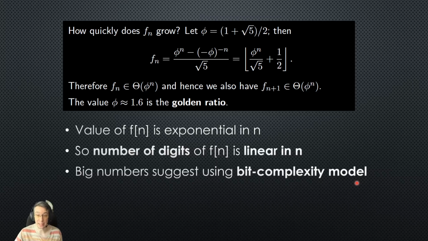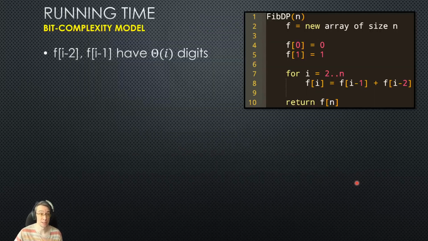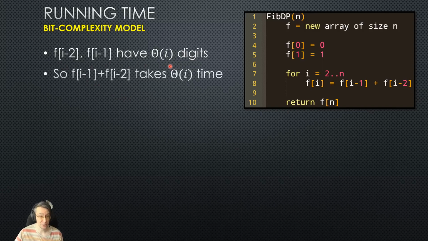Whenever you see really big numbers or the potential for large numbers, we should be thinking about the bit complexity model. Okay, so let's do the analysis here. f of i minus 2 and f of i minus 1 have theta i digits, so their addition takes theta i time. So T of n here is going to be, what's the cost of this whole function? Well, we do some amount of work here that ends up being constant.